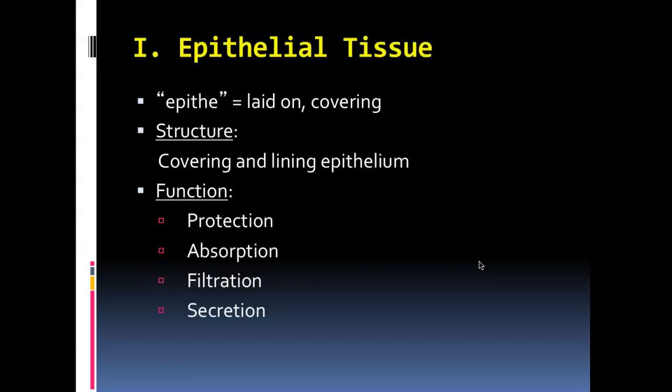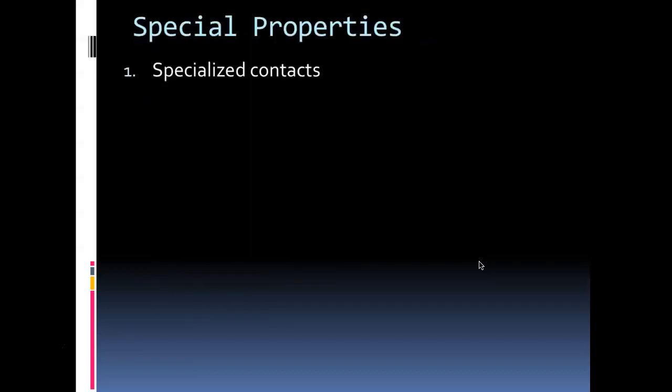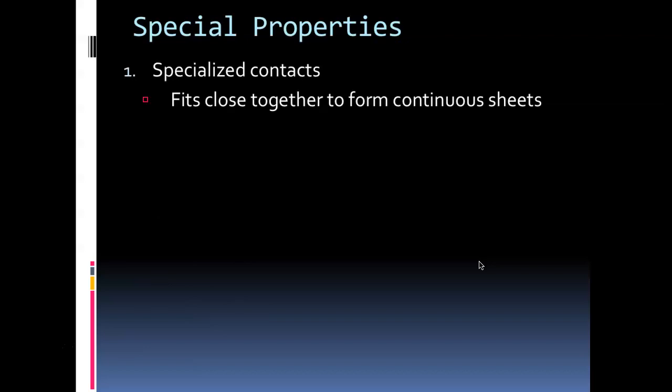So the special properties of epithelial tissue is that they fit close together to form continuous sheets. And that's because epithelial tissue is like the clothing for your organs, right? So they're going to form sheets. They are supported by connective tissue, and connective tissue is the second type. And so that's going to make sense.